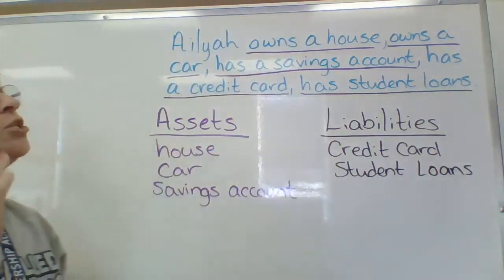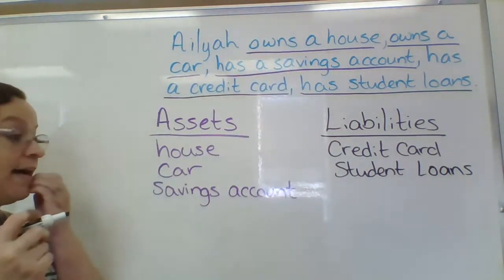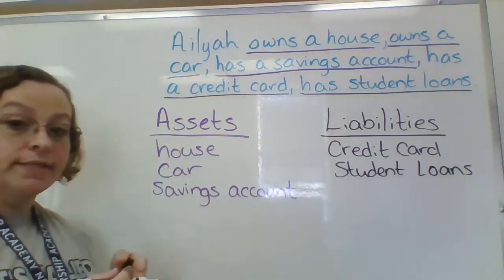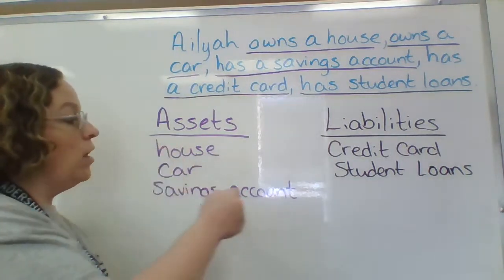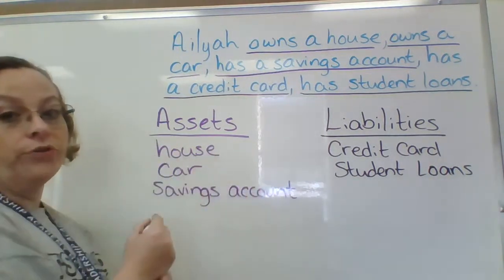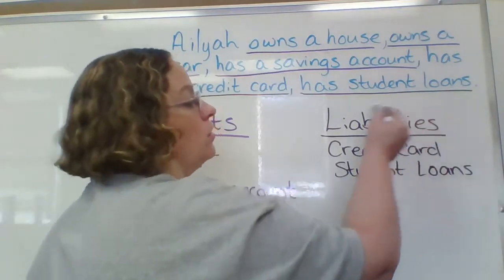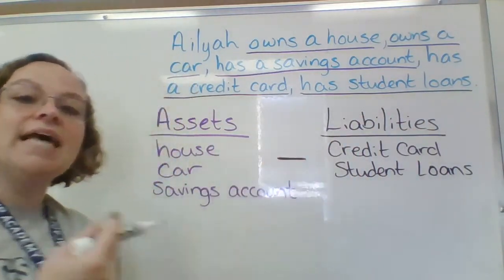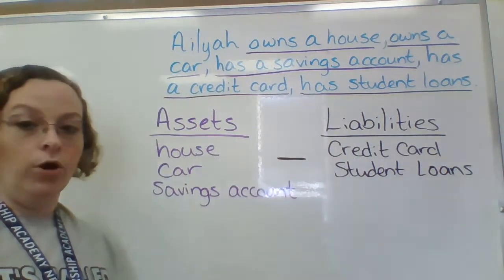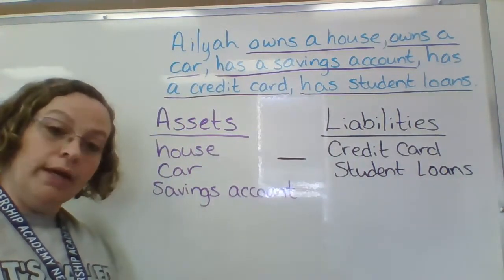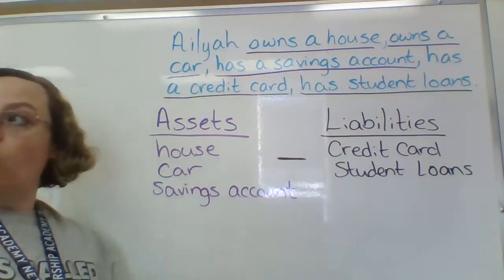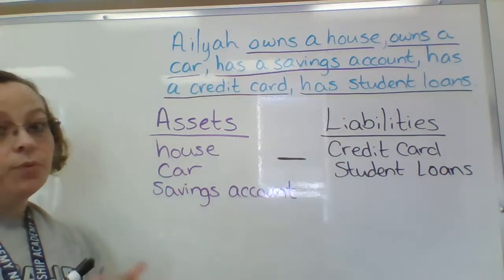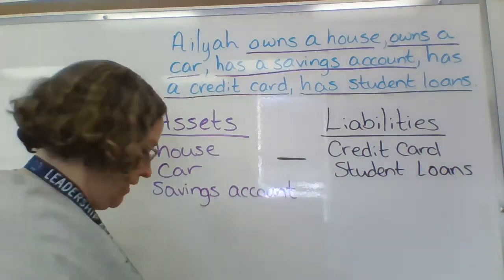All right. So if we were to decide what Aaliyah's net worth was, we would have to figure out how much all her assets were worth. We would have to figure out how much all her liabilities were worth, and we would have to subtract them. And that's how much Aaliyah's net worth would be. Okay? So now, what if we add some prices or some values to this?